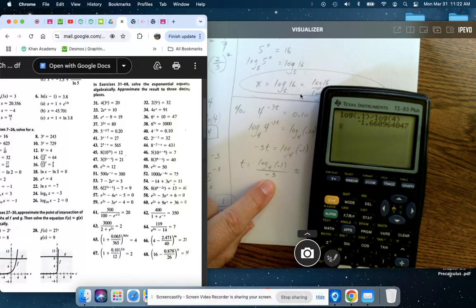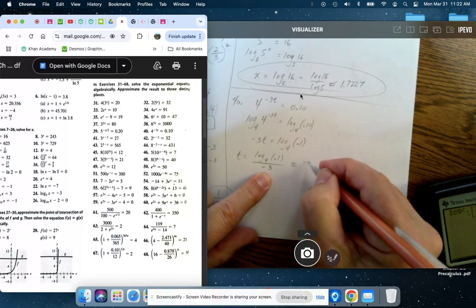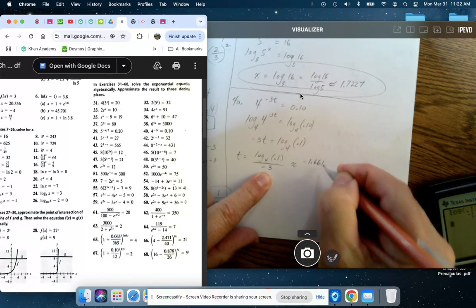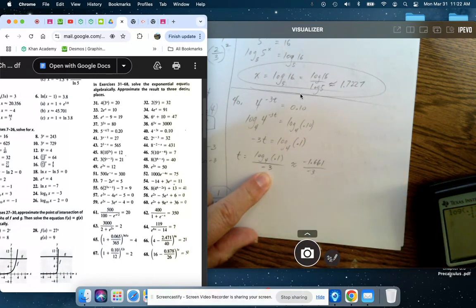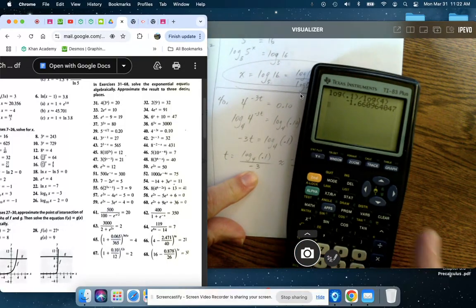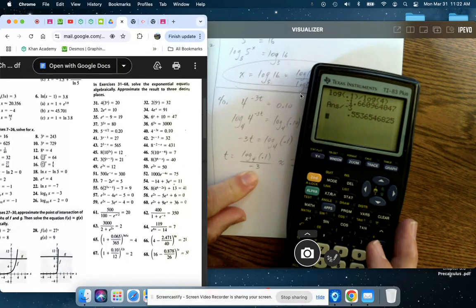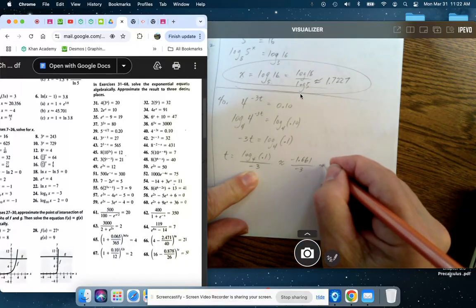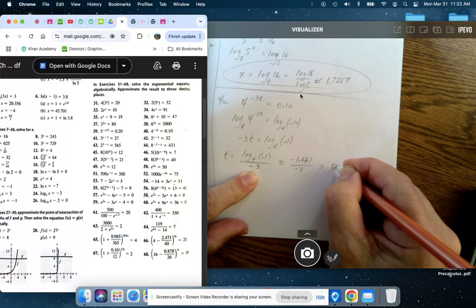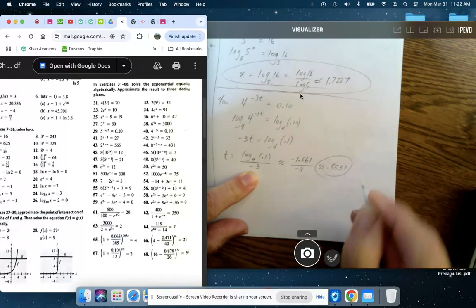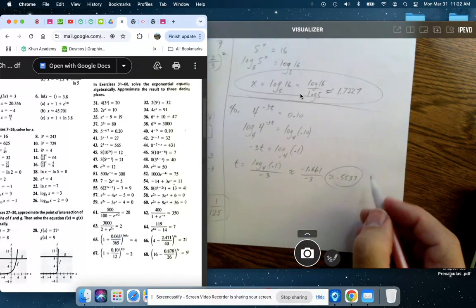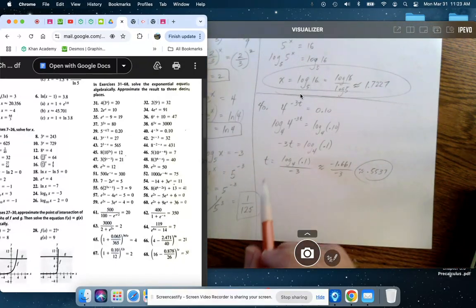That gives me about negative 1.661 over negative 3. So now I just need to divide that by negative 3. And it's about 0.5537. So that's my approximate value of t for number 40.